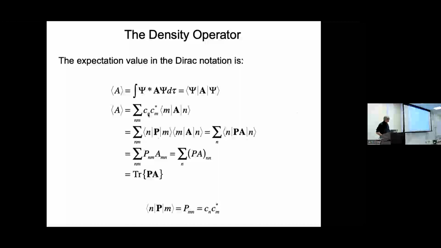And you can see here then that this product is something with two indices. A number with two indices I can think of as being an element in a matrix, where n is the row and m is the column in the matrix. So this operator, anyone see where the cursor went now?